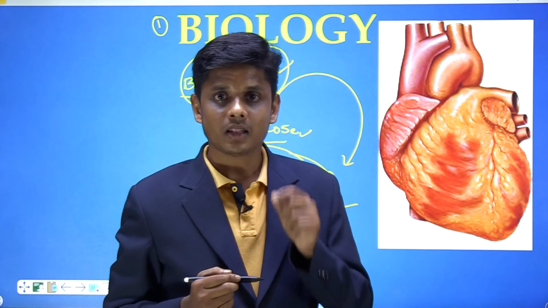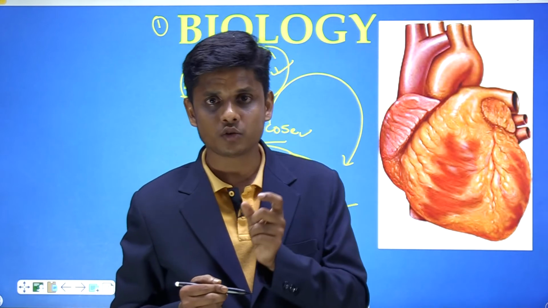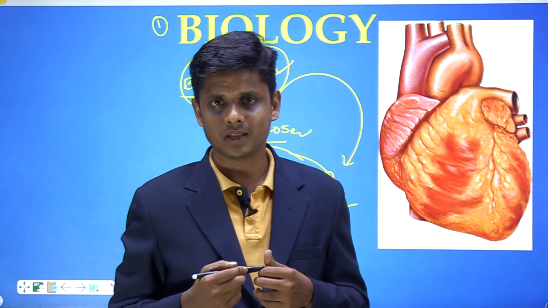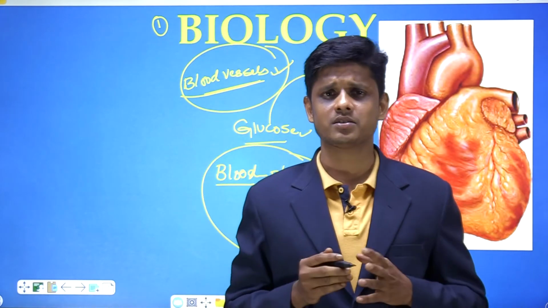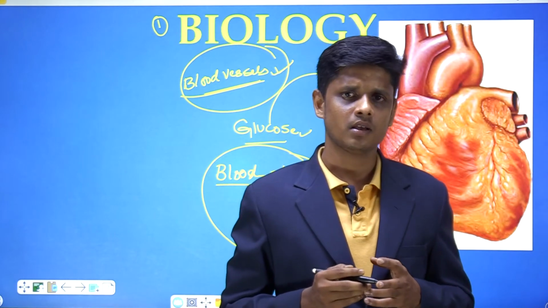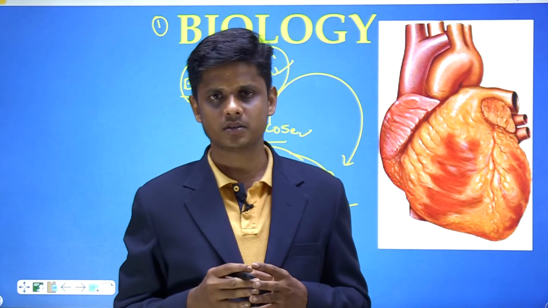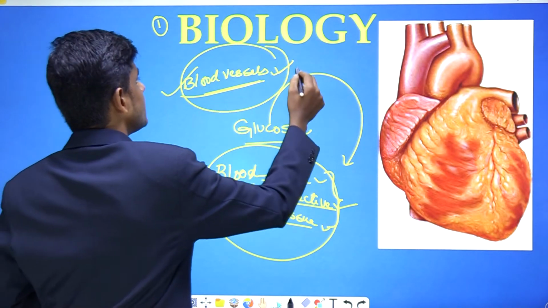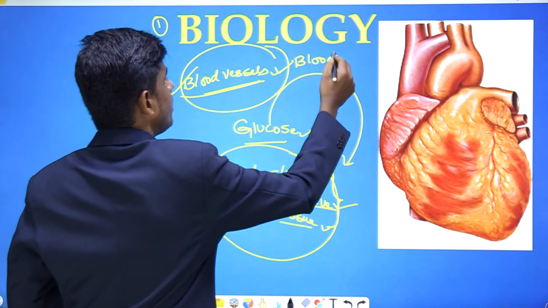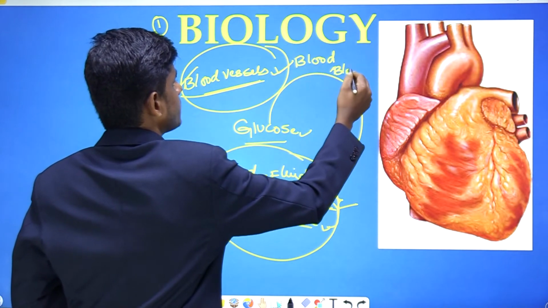So the blood has to be transported into the eye also, but it is a sensitive part. Then how can the blood pass to the eye? The arteries or blood vessels have small fiber-like structures called blood capillaries, and those blood capillaries carry the glucose into the sensitive parts. Here we have discussed blood vessels and blood capillaries.